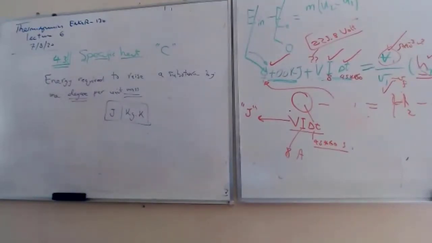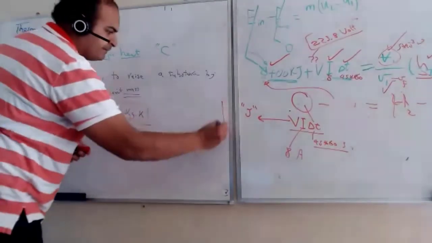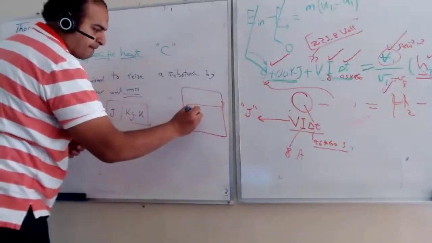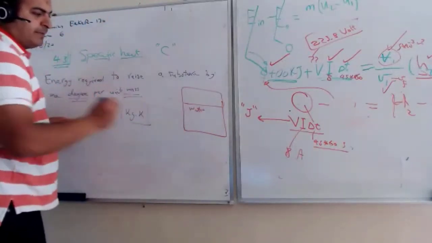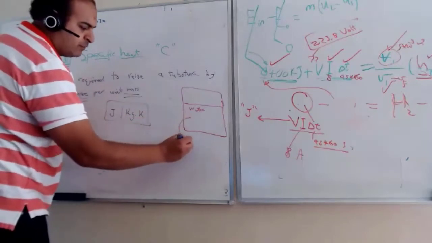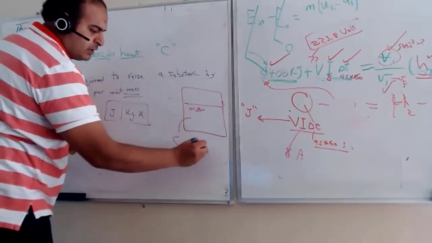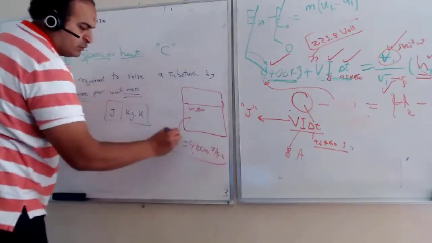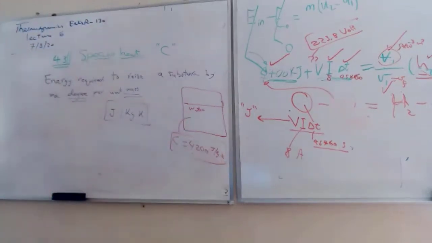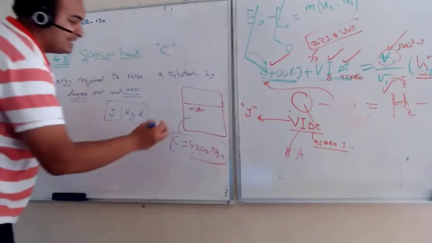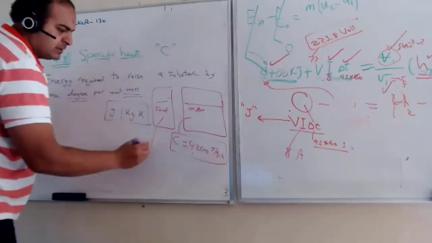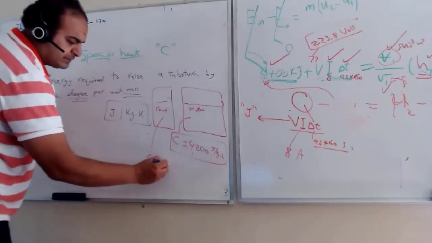So let's say I give you a container of water. This water has heat capacity of 4,200 joule per kilogram Kelvin. This is exactly the heat capacity of water, 4.2 kilojoule per kilogram Kelvin. If this container has sand, let's say heat capacity about 800.